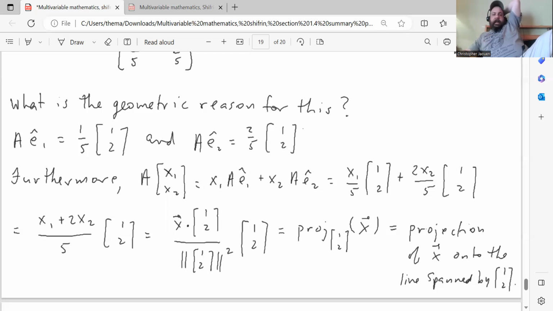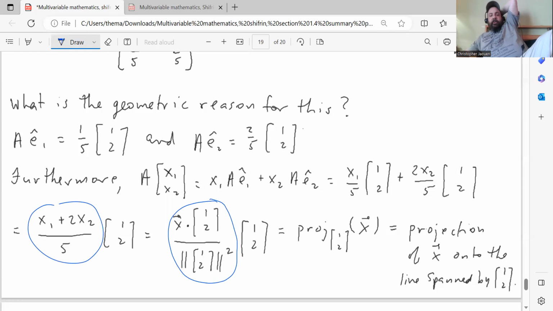And this you can write like this. It's x dot product with the vector 1, 2, divided by the square of the length of the vector 1, 2, times the vector 1, 2. And if you remember from previous sections, we talked about this. This is the projection of the vector x onto the line spanned by the vector 1, 2.